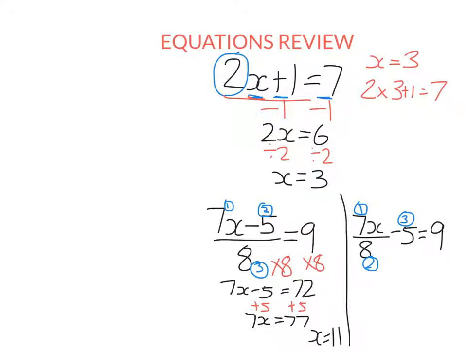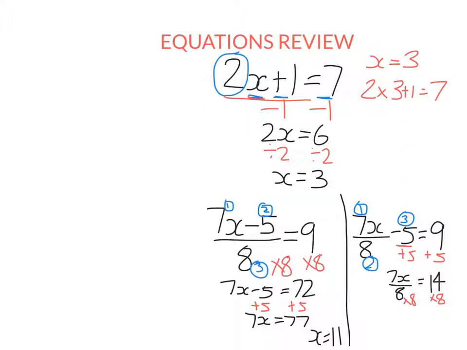But when we're doing the one on the right, we're going to do things in a slightly different order. Because the last thing done to x was the subtract 5, we undo that first by adding 5 to each side. And we get 7x over 8 equals 14. Then what I'm going to do is times each side by 8. I'll just let you know, for this particular question, it wouldn't matter if we divided by 7 and then timesed by 8, or the other way around.